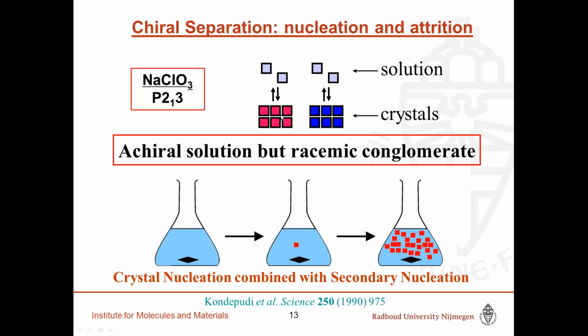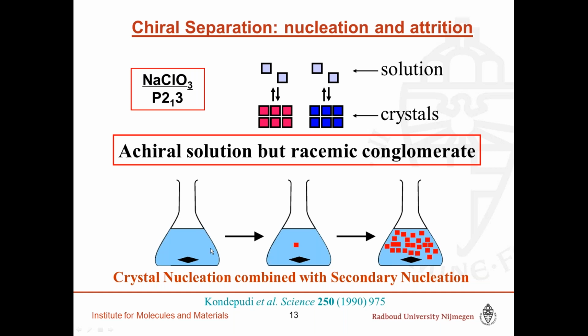You can compare that they stack in the crystals like spiral stairways, either left-handed or right-handed. So sodium chlorate is achiral in solution, but a racemic conglomerate in the crystals.